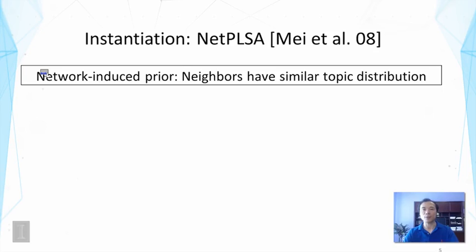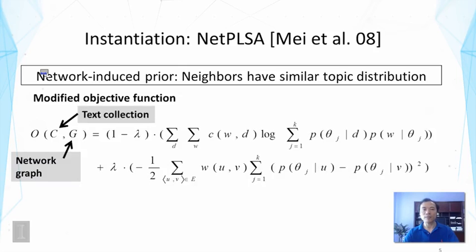They must cover similar topics in similar ways, and that's basically what it says in English. So technically, we just have a modified objective function here that's defined on both the text collection C and the network graph G here. And if you look at this formula, you can actually recognize some parts fairly familiarly, because they should be fairly familiar to you by now.